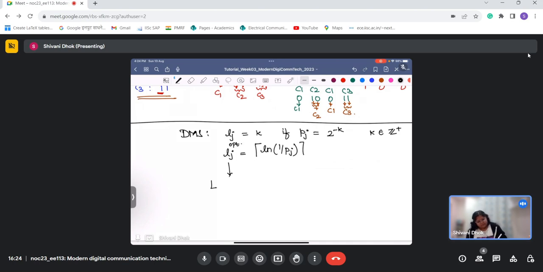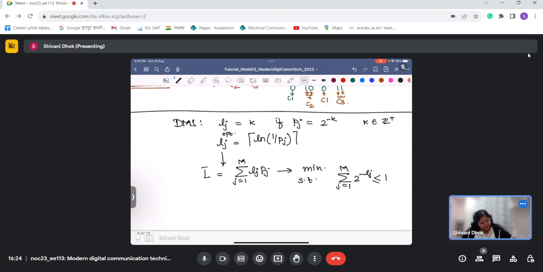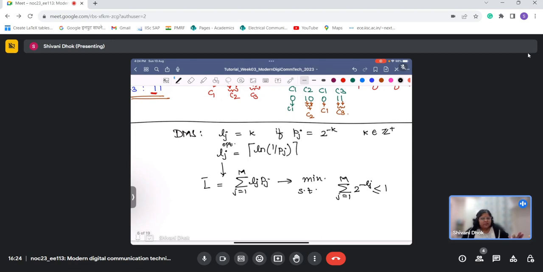That is, this L bar was the summation over j equal to 1 to m of Lj Pj, and we wanted to minimize this subject to the Kraft inequality. That is, the summation over j equal to 1 to m of 2 to the power minus Lj should be less than or equal to 1. This was the optimization problem which was solved using the Lagrange method.